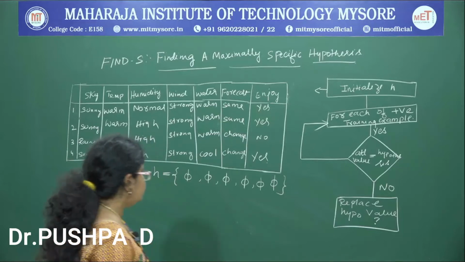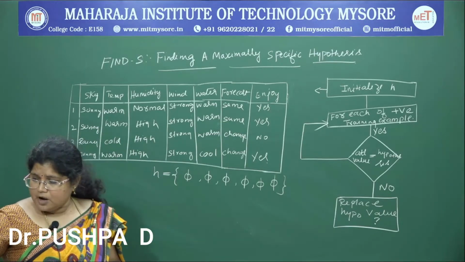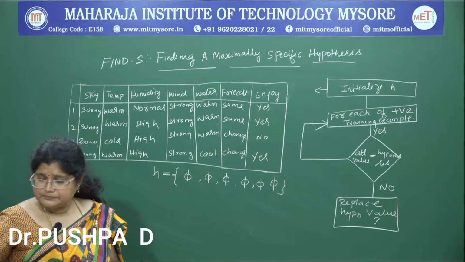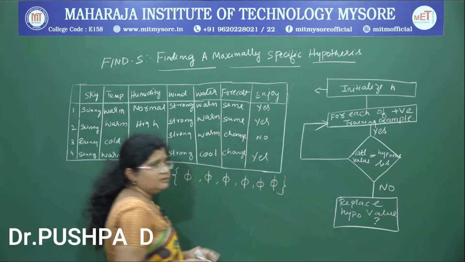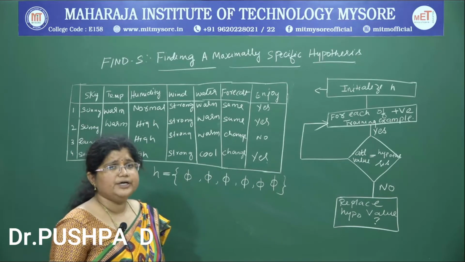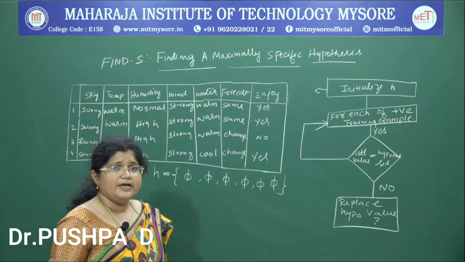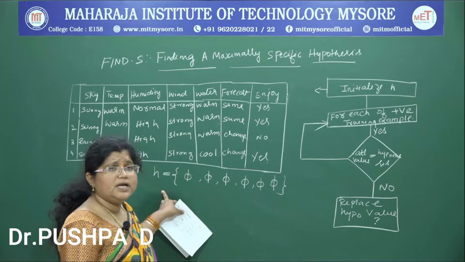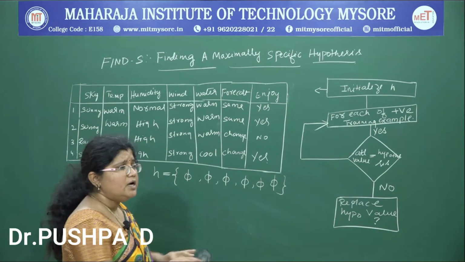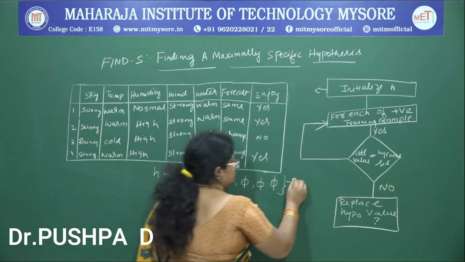See how, now let us look at here how this is going to work. According to this Find-S algorithm, first we should initialize the hypothesis with the most specific hypothesis.